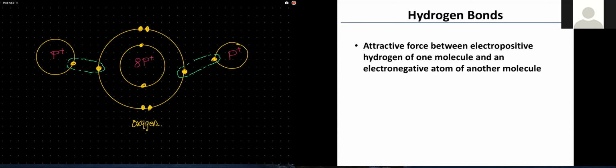So what kind of chemical bonds did I create between the oxygen and the hydrogen? According to what we studied, we didn't study hydrogen bonds yet.